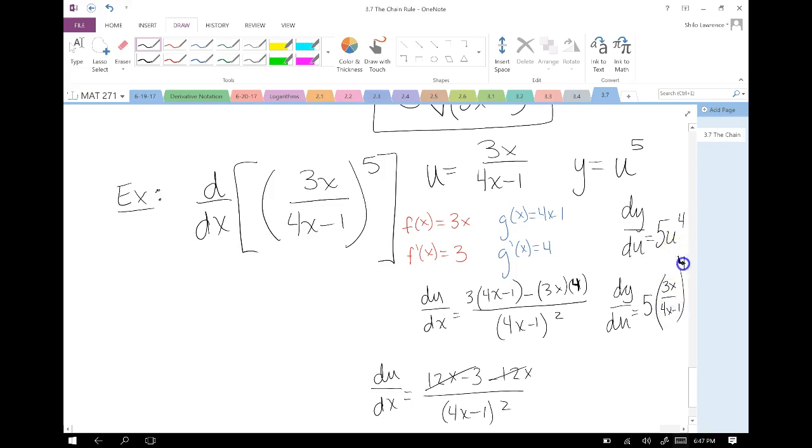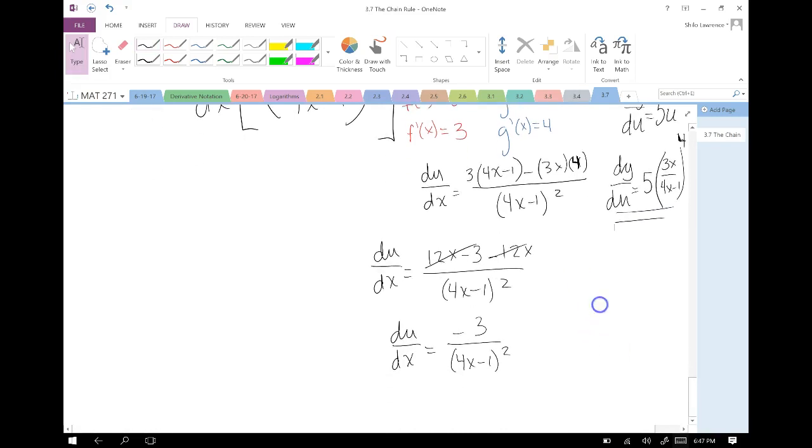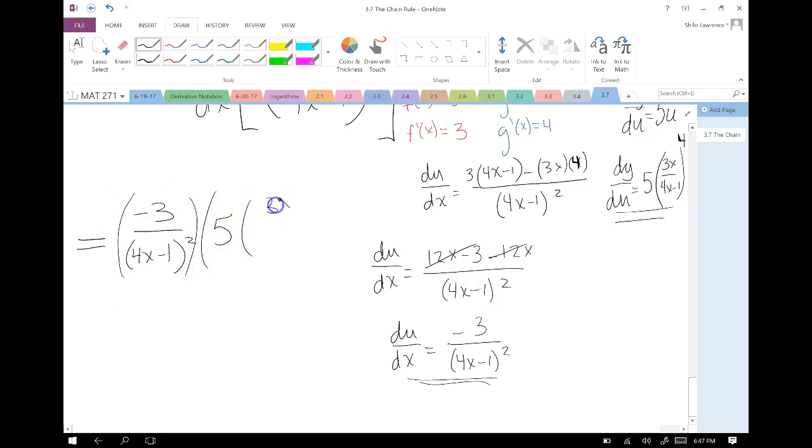And we'll take our two derivatives and multiply them together for a final answer. So we get our final answer here: negative 3 over 4x minus 1 squared, and then we've got 5 times 3x over 4x minus 1 to the 4th.